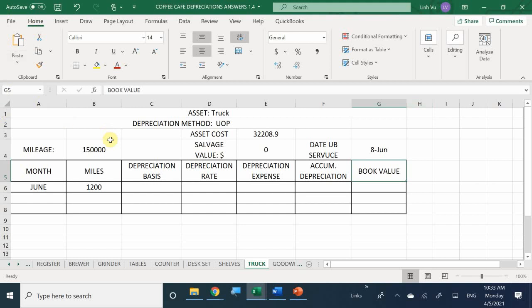So here we are. Okay, so let's go ahead and do a little review here. What's my depreciation basis going to be based off of?